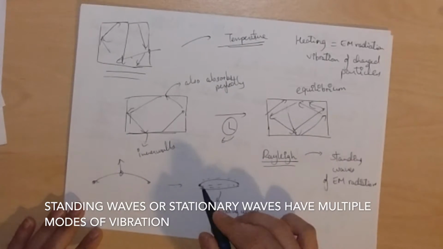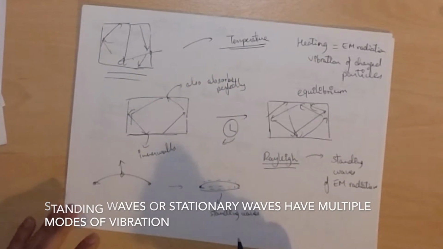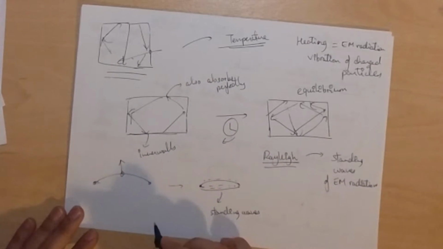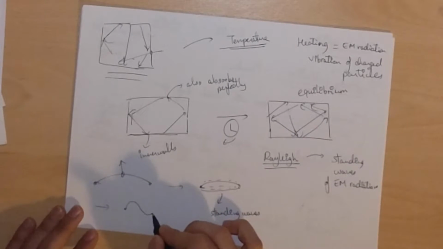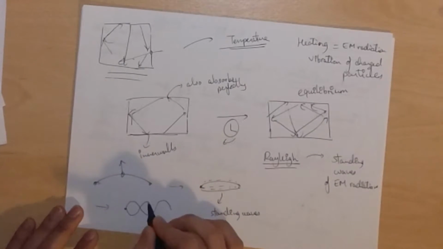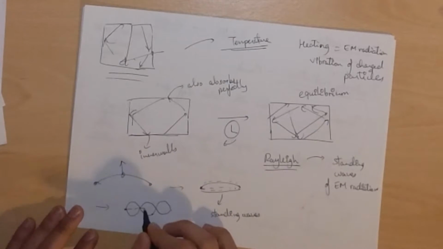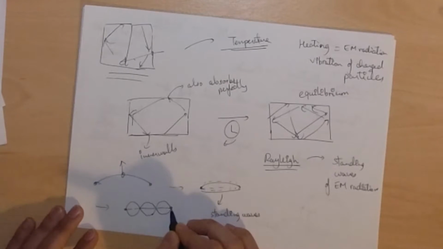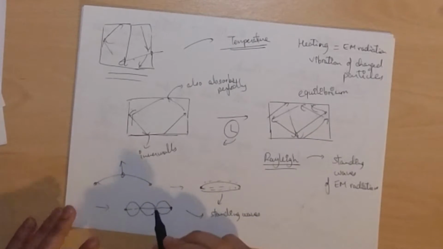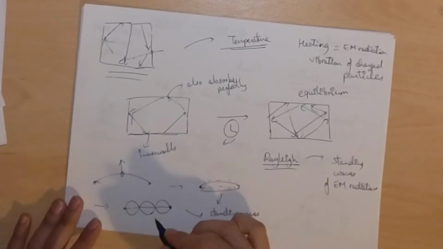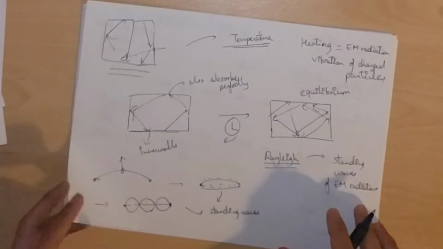You can have different ways it vibrates. So you can have something that vibrates like this, for example. Sort of like plucking it from 3 points, I guess. This is also a standing wave. And this is a different mode of vibration.